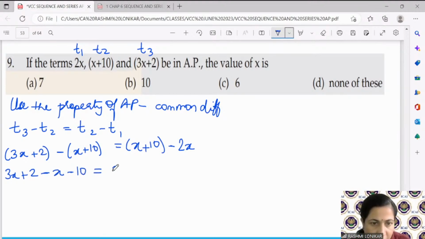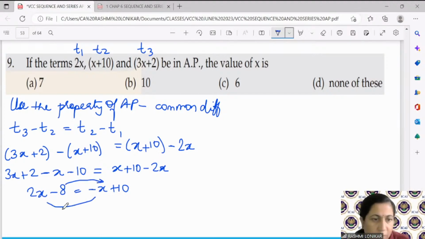What will happen over here? x plus 10 minus 2x. Now 3x minus x becomes 2x. Plus 2 minus 10 is minus 8. On this side, x minus 2x will become minus x plus 10. Now this minus 8 I take to this side, and this minus x I take to this side.